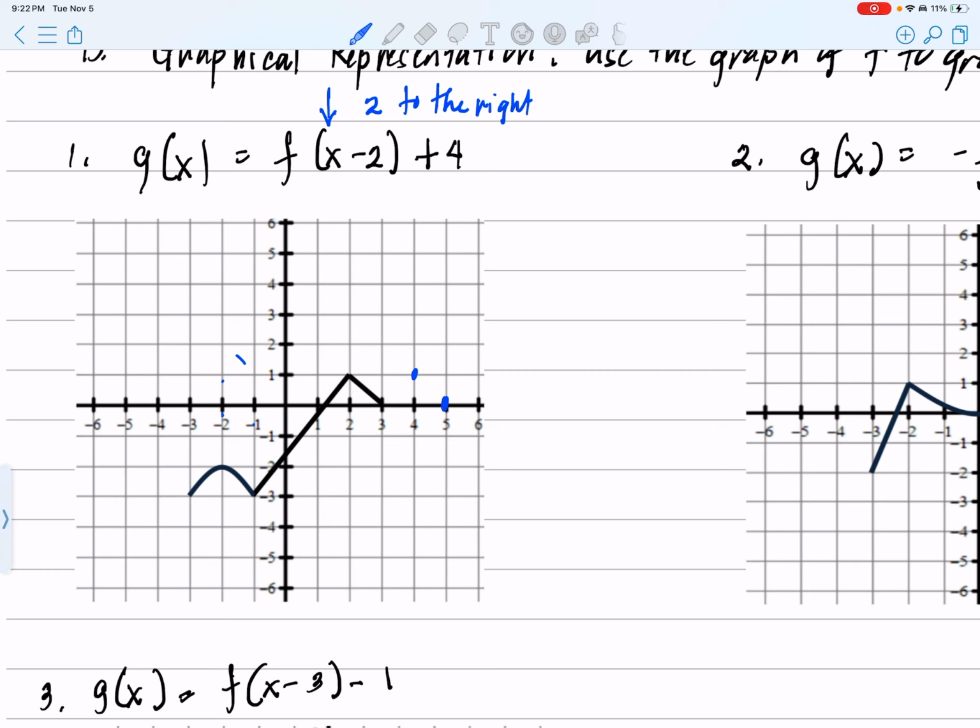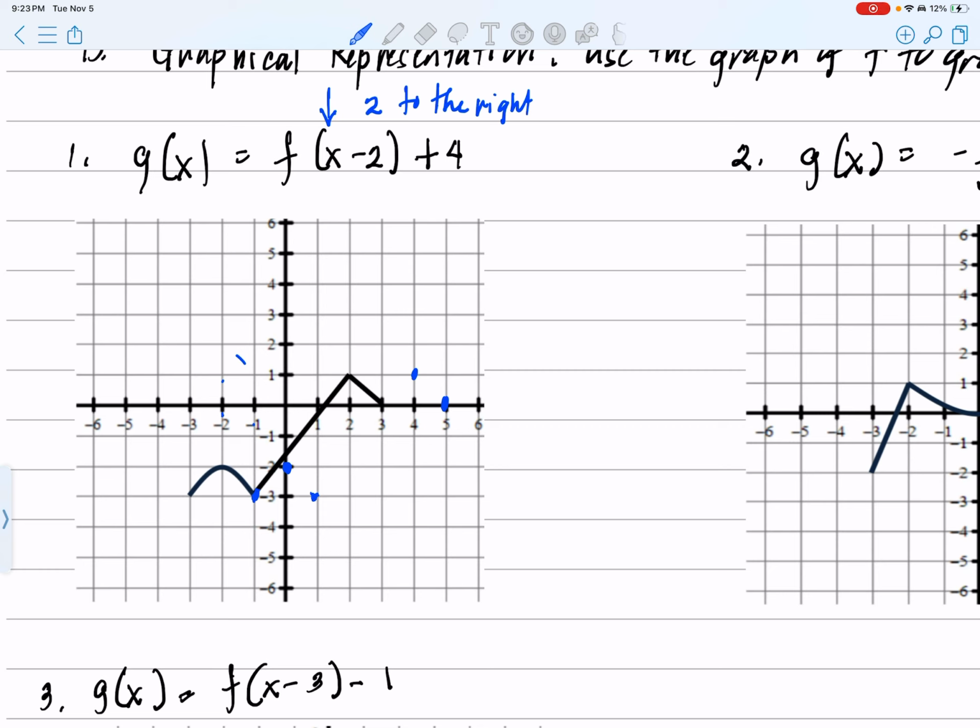And then how about this point? 1, 2. And this point 1, 2, and this point 1, 2 right here. So from the translation of 2 units to the right, this will become this.